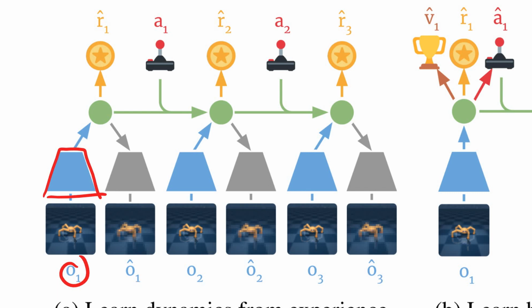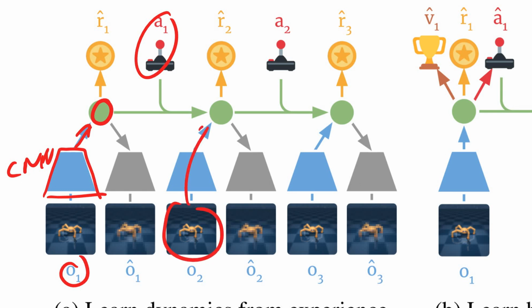You can think of this as maybe a convolutional neural network, anything that can take an image as an input and give you a hidden representation. So this here is the hidden representation. From this hidden representation, you can determine what the next action is going to be. Then you get a new observation, and again you feed that along with the last hidden state into a new hidden state.